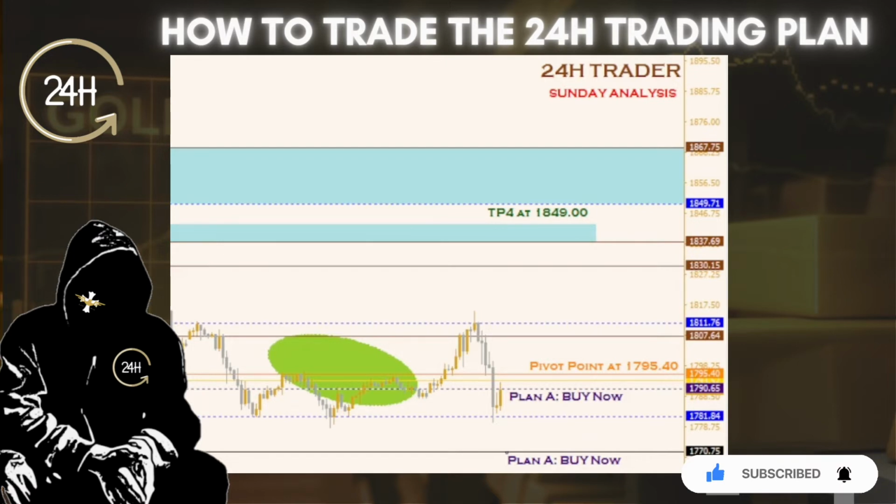If you see on my plan that I only use plan A and plan B, then I'm pretty sure the market will only reach plan B. But I usually use plan A up to plan D. Plan A is one lot, plan B is two lots, plan C is four lots, and plan D is eight lots.